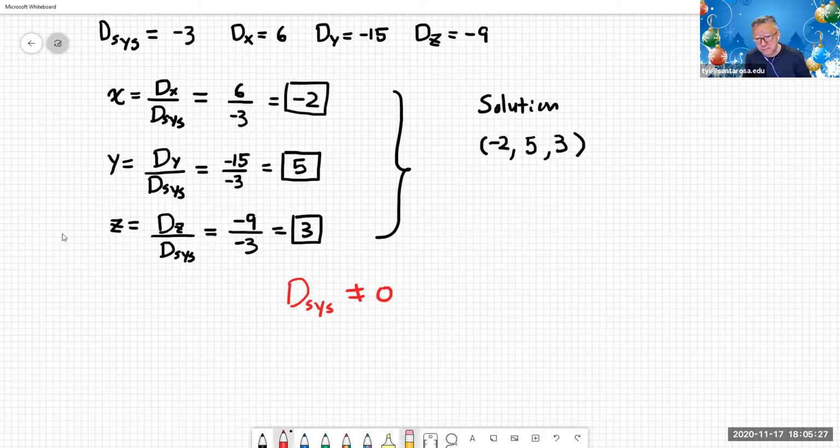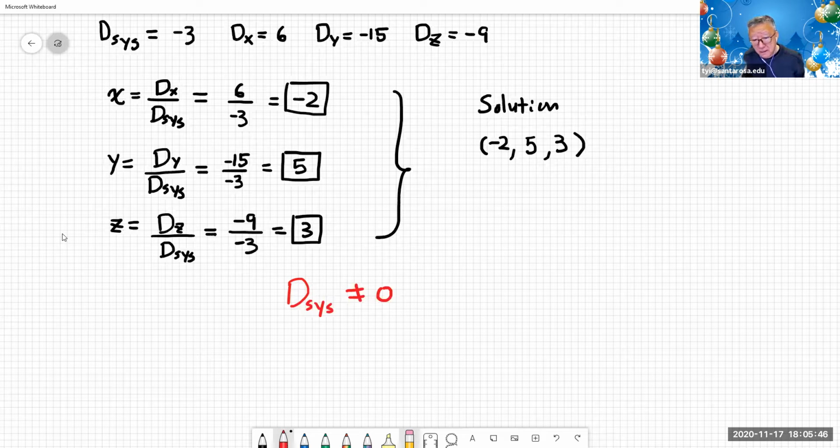That means you cannot apply Cramer's rule, so you're going to have to go back to Gaussian elimination to solve that system of linear equations.